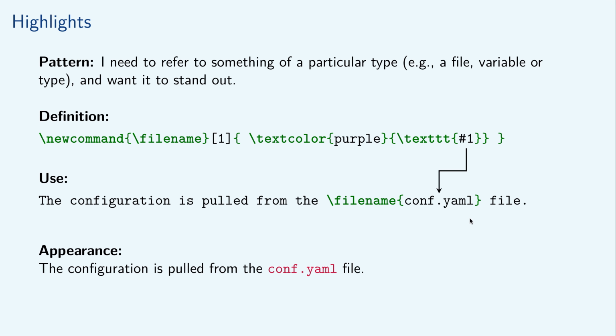Because then I knew that at a later point, I could just go to the definition of this macro and give it a different color or different formatting or whatever I wanted. So I knew that at that point, it was trivial to change that formatting and have that be consistent throughout my entire document.